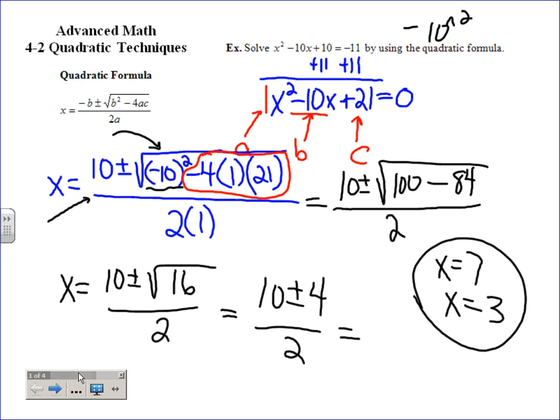Now, based on information that you've gotten earlier this year, what can you tell me about those 2 values there? Again, this is trying to put things together. We did this earlier this year. Agreed it's quadratic? If you graph it, what are you going to have?